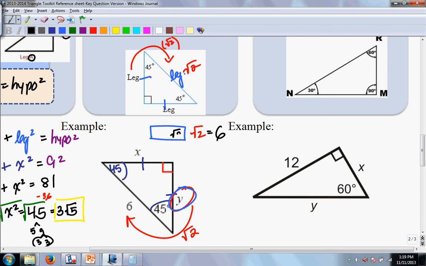So first we know we need a root 2 because root 2 times root 2 is 2. Then we ask ourselves what times 2 is 6. The answer is 3. So this right here is going to be 3 root 2, and this is also going to be 3 root 2. Why? Because the legs are equal. That's a 45, 45, 90 triangle.